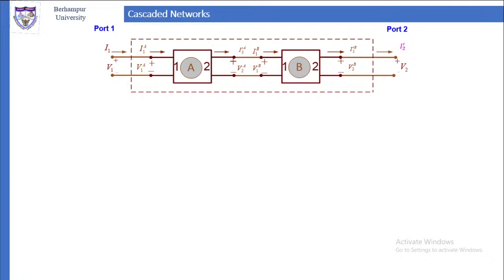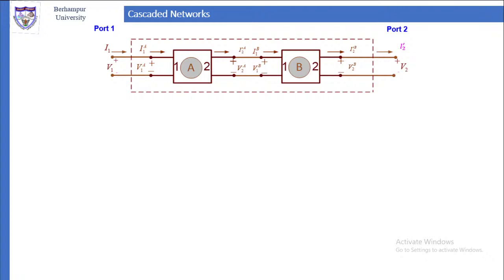Similarly for B, the voltage across port 1 or input port of B is V1B. Current entering port 1 of B is I1B. Current going out from port 2 is I2B. Voltage across port 2 is V2B.